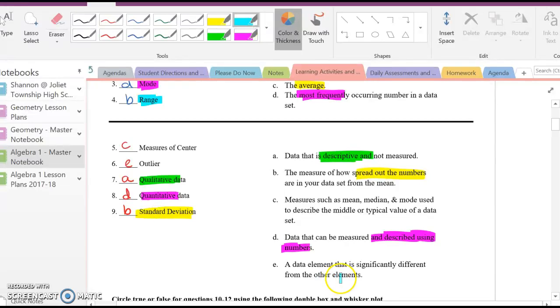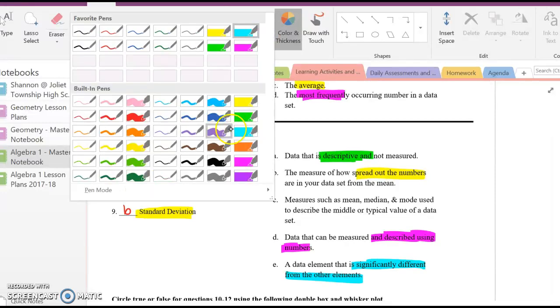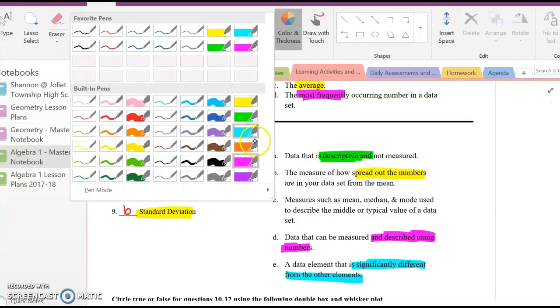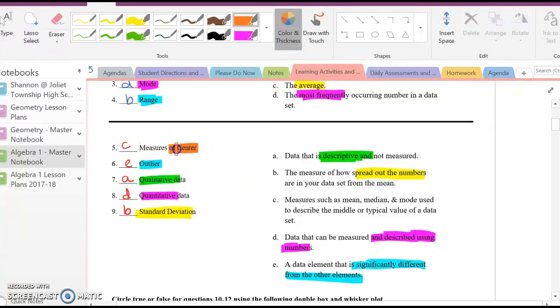And an element that is significantly different from other elements is your outlier. Since we're talking about measures of center, let's get one more color here, orange. Center is mean, median, mode, used to describe the middle.